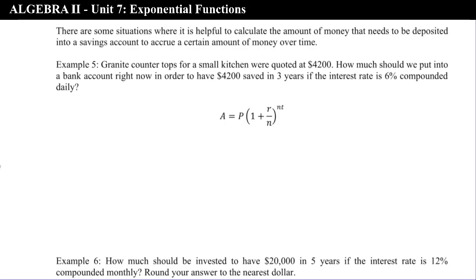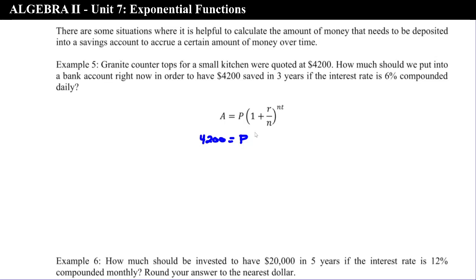Granite countertops for a small kitchen were quoted at $4,200. How much should we put into a bank account right now in order to have $4,200 saved in 3 years if the interest rate is 6% compounded daily? So here's our equation. We know that we want to get $4,200. And we need to figure out how much to put in.